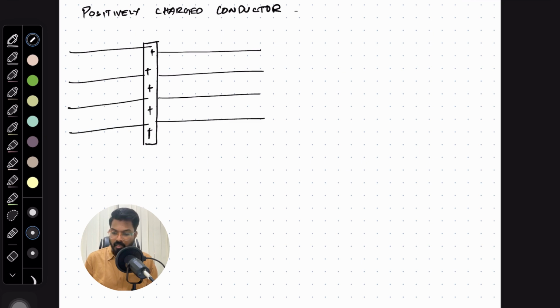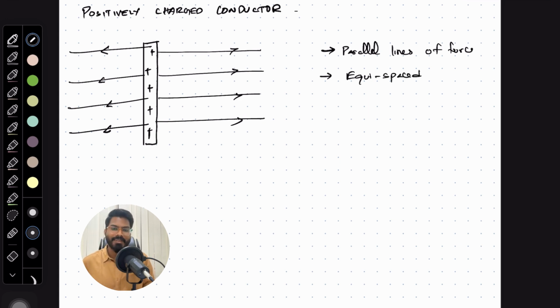We have some field lines going away in this direction and some again going away in this direction. So we are going to have parallel lines of force, and they are going to be equispaced, equal space from one another.